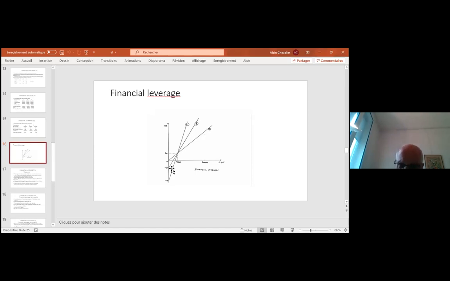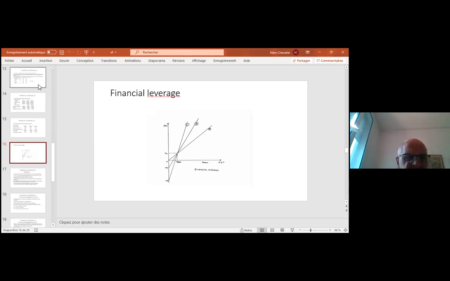And on the contrary, if we are in a situation where the return on operations is lower than the level of interest, it's much better to be financed principally by equity. So these are the basic elements of financial structure.